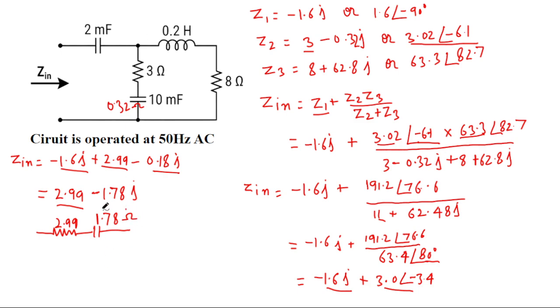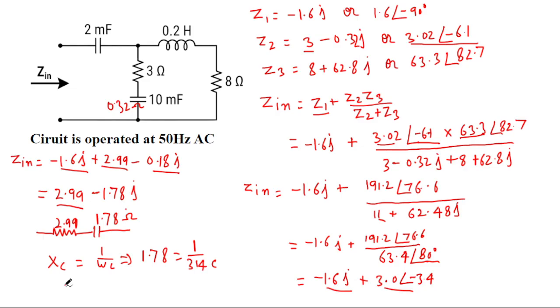Now you can find the value of the C. So we know that X is equal to 1 upon omega C. So the value of X is given here as 1.78, and it is equal to 1 divided by 314 into C.